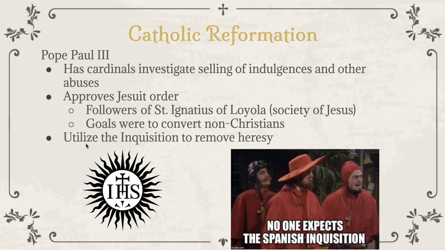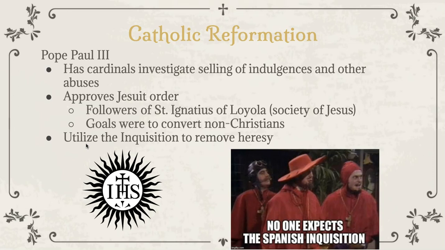He also approves the formation of the Jesuit order. These were the religious followers of St. Ignatius of Loyola. The Jesuits were missionaries, and they had two main goals: to convert non-Christians and to spread recognition of the Catholic faith moving forward.